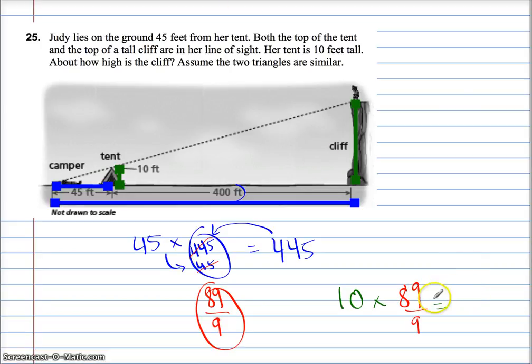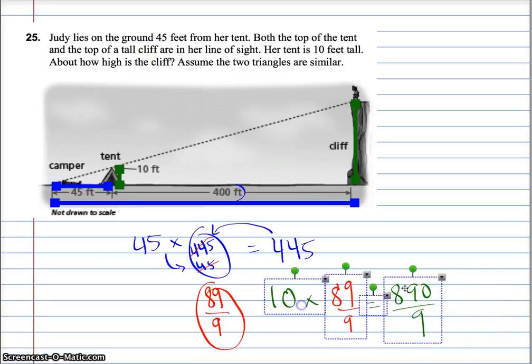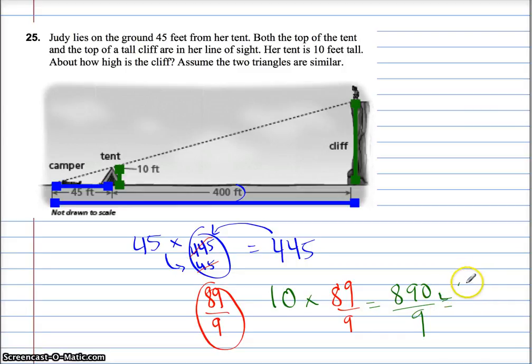Here's our cliff, however tall that is. Well, this was easy to multiply. 890 divided by 9. So let's scoot this whole thing over. 890 divided by 9, type that into the calculator, and we end up with 98.8 repeating feet.